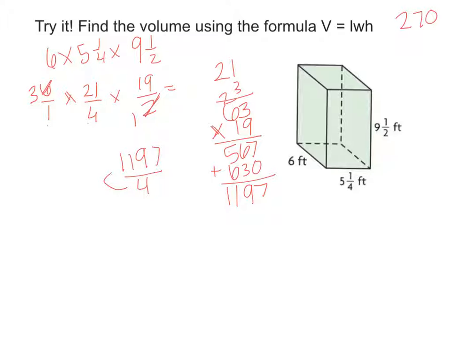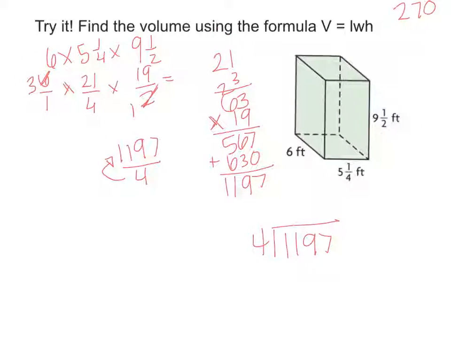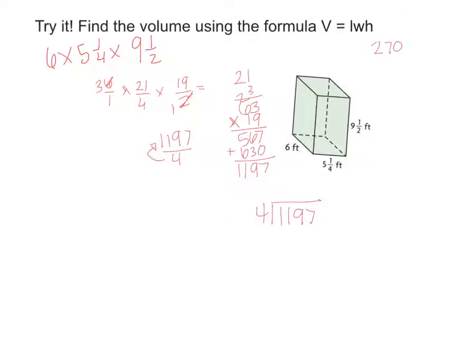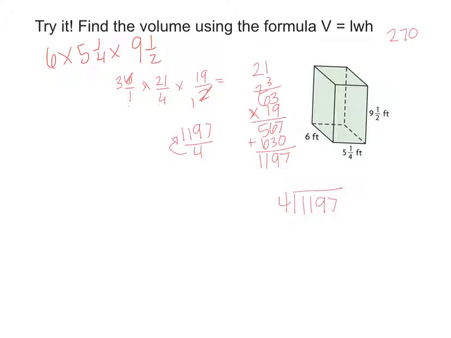Now I need to divide by 4 and see how many times it goes into this number here to get back to a mixed number. 4 goes into 11 twice. That's 8. Gives me 3.